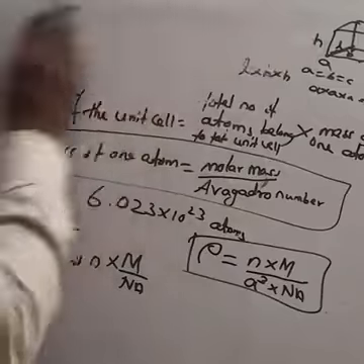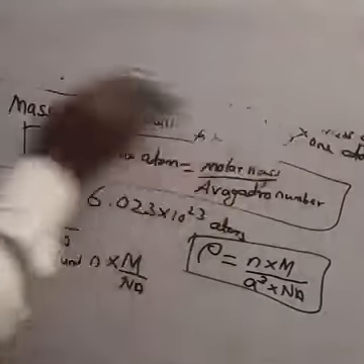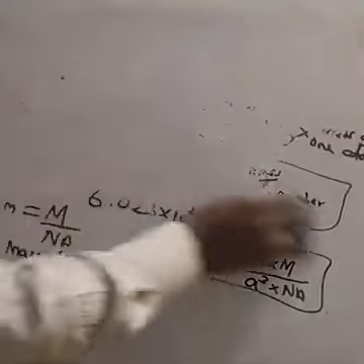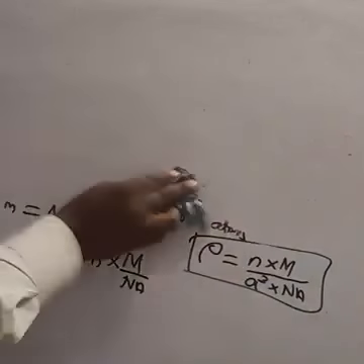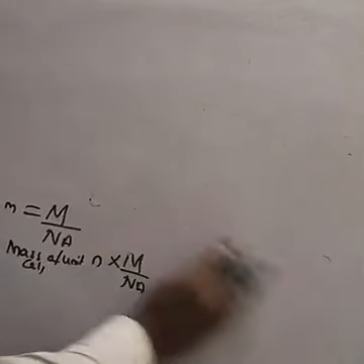Here we have 4 variables. What are the 4 variables? Rho is one variable, N is another variable, M is another variable, and a is the other variable. Out of these 4, if we know any 3, we can find the 4th one.